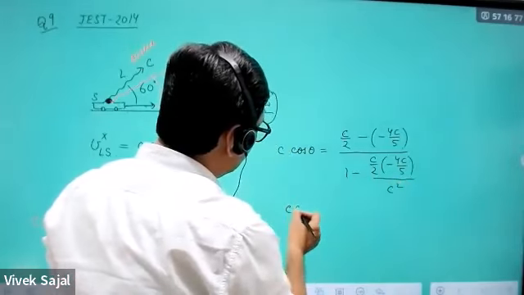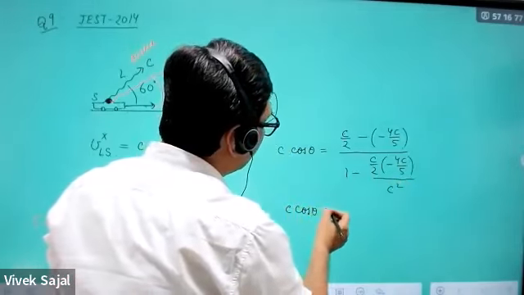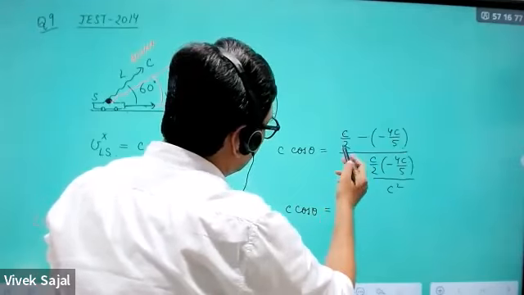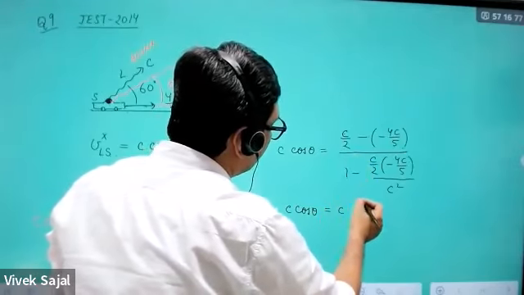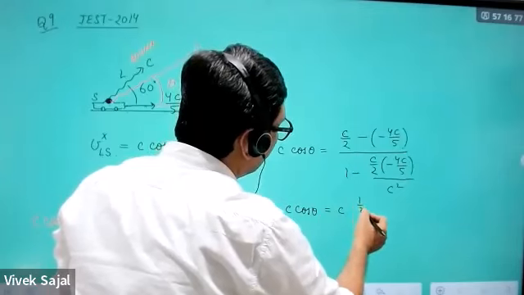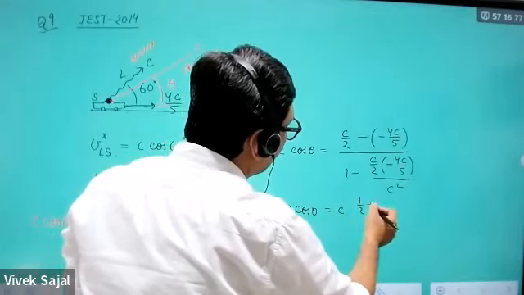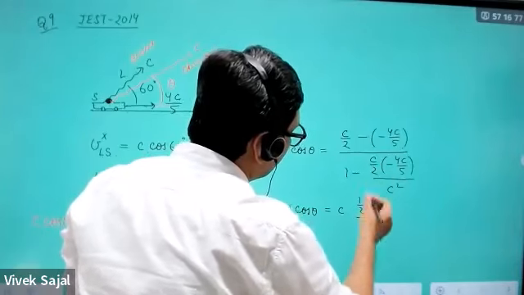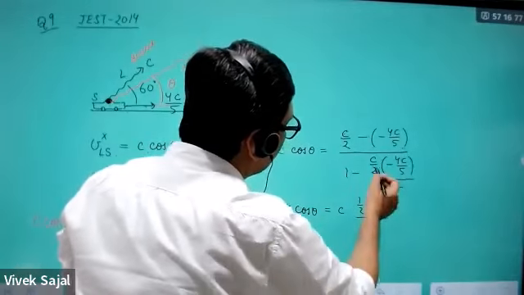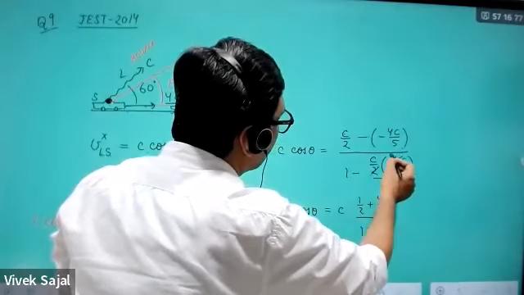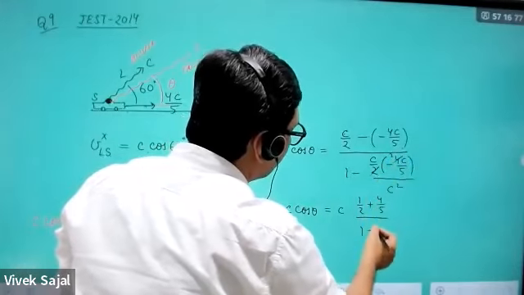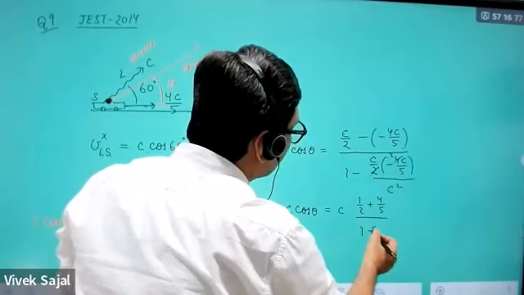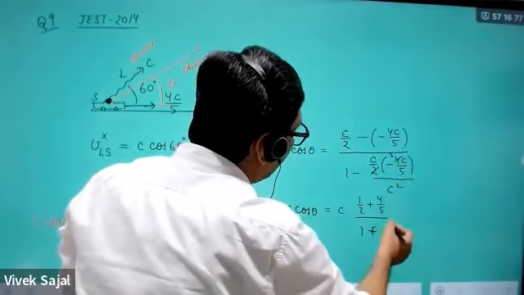So c cos theta will be, here c will be common: 1 by 2 plus 4 by 5, divided by 1 minus, 2 into 4... okay, here minus minus becomes plus plus, this will be 2 by 5.